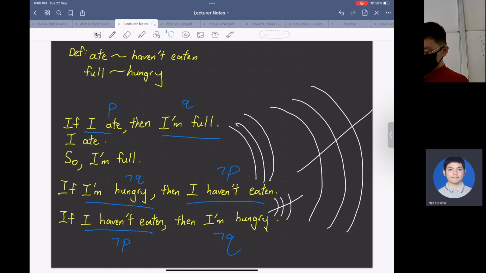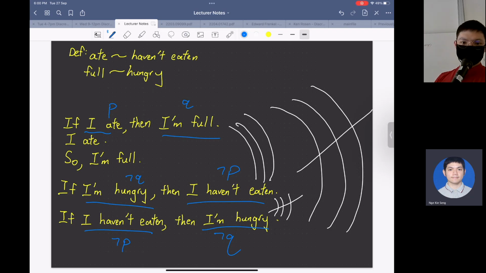Like what I said in the beginning of the class, I may be hungry because maybe I'm not eaten yet, or maybe I went to sport, so I'm hungry. So it's not logically equivalent.